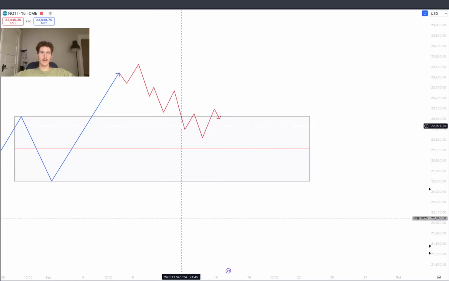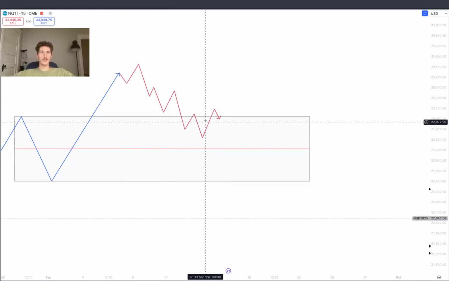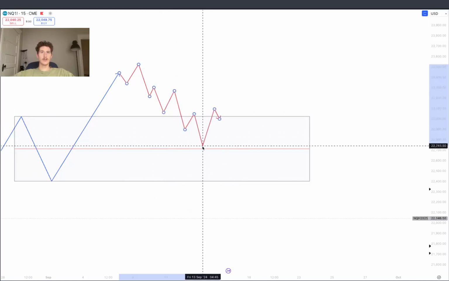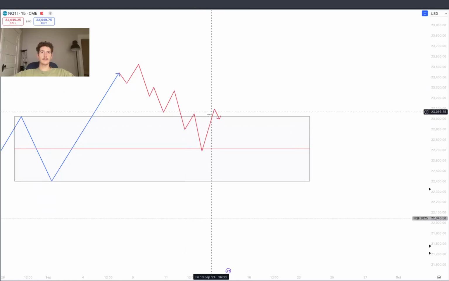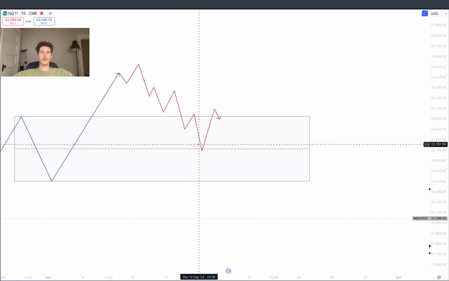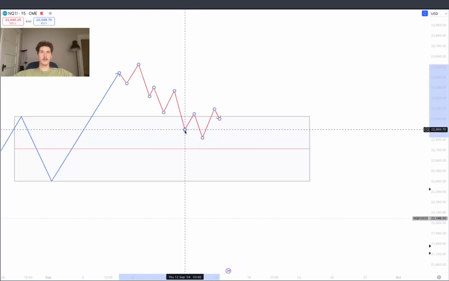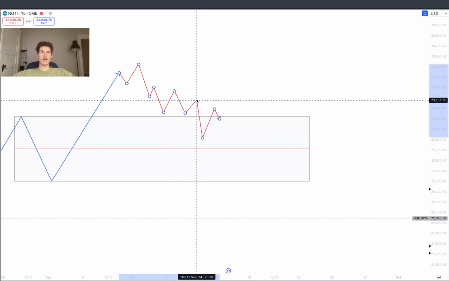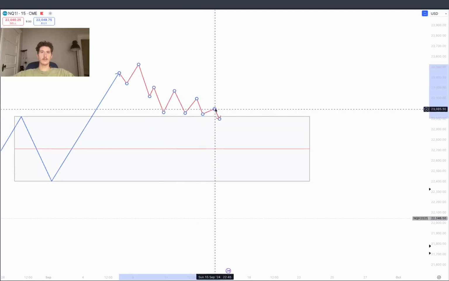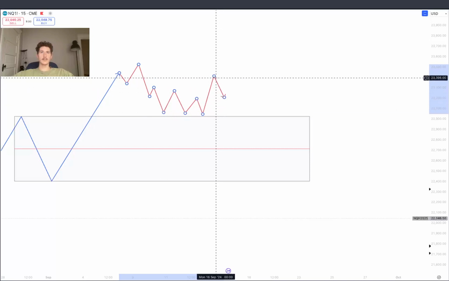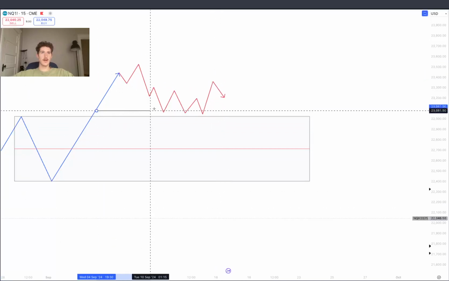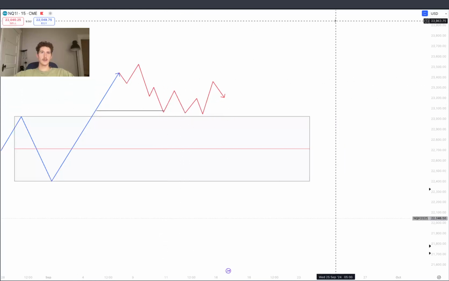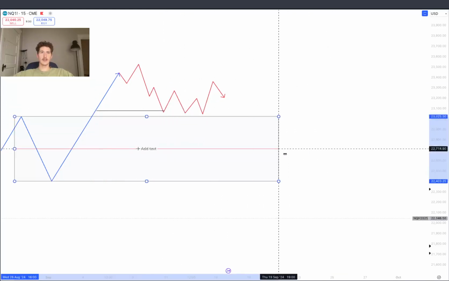What I mean by that is if we're right here and get a flip up, this is lower probability than if we're right here and get a flip up. And this is also lower probability than if we were, let's say, right here and got a flip up, because this would insinuate that we were just taking out some sort of non-structural low tap back right here and then continuing higher, and we don't even need to come into this zone.